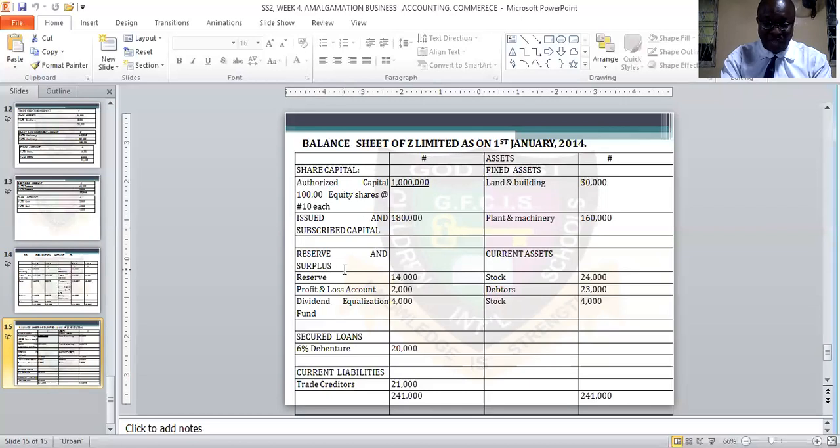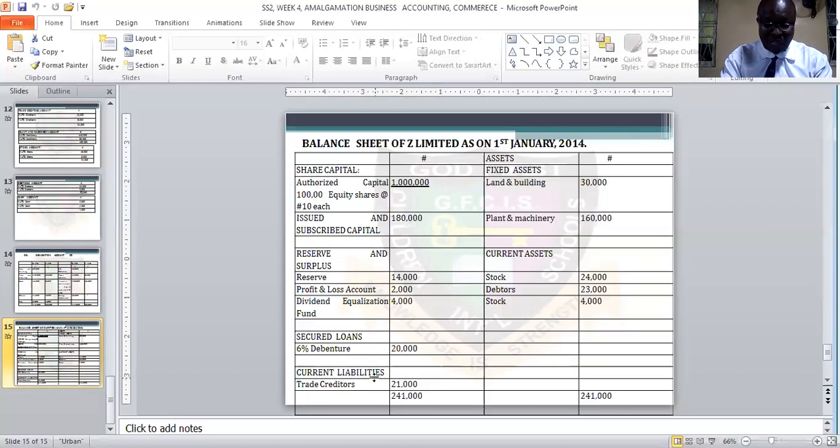Under reserve and surplus, we have reserve for 2,000 naira, profit and loss account, 2,000 naira, dividend equalization, 4,000 naira. Then we also have secured loans, that is 6% debenture, 20,000 naira.